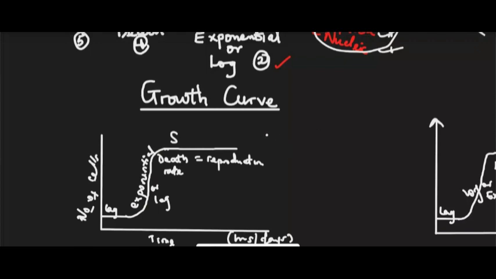And in the end, they attain an equilibrium position. Does that make sense? And that's why it is straight like that, right? So this is your stationary phase.